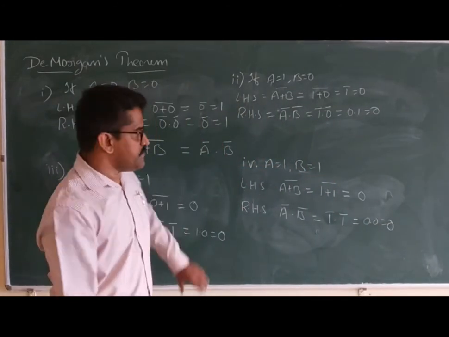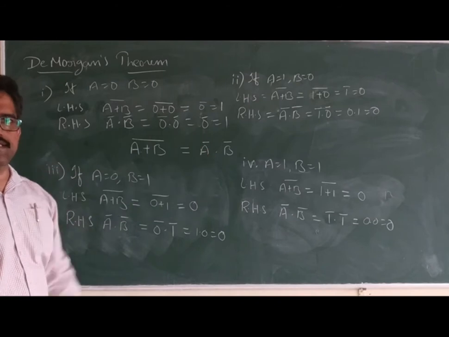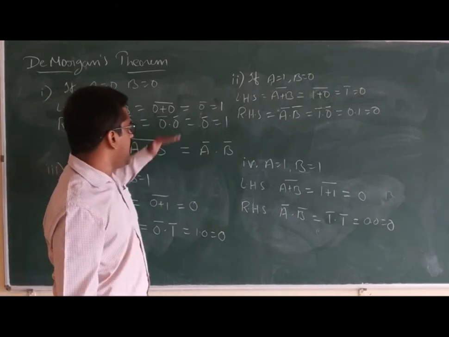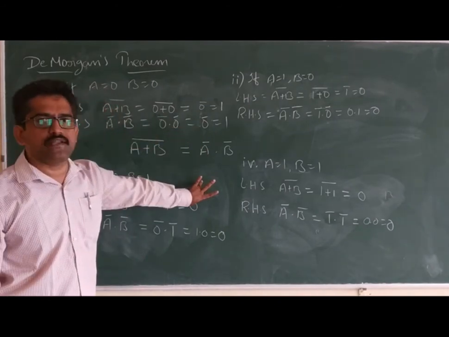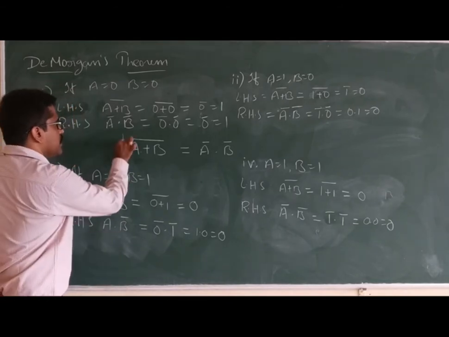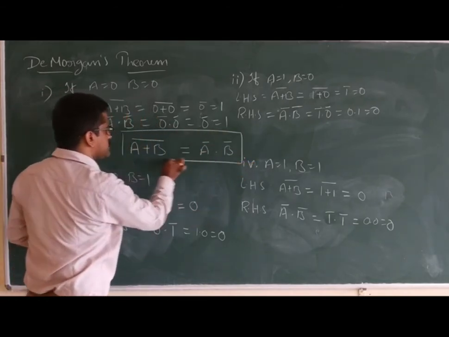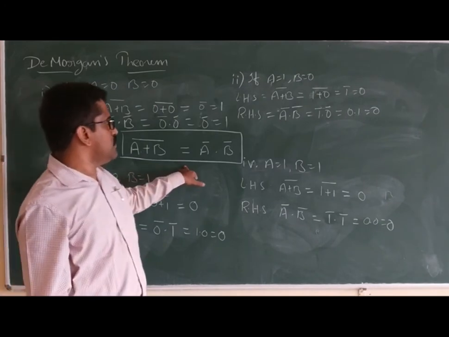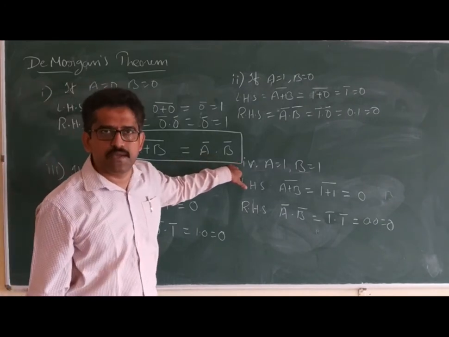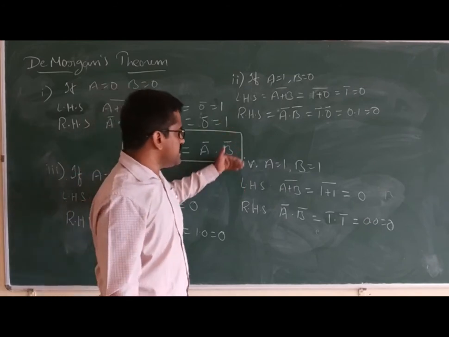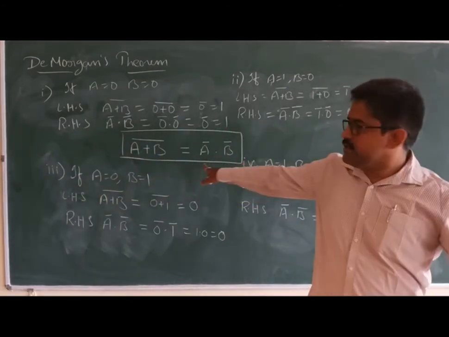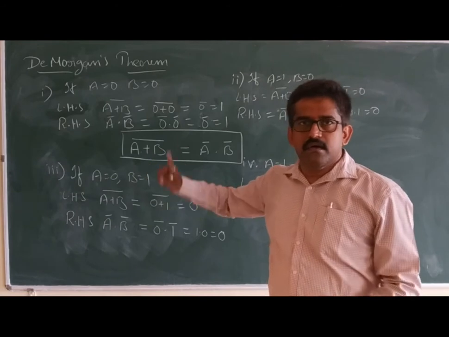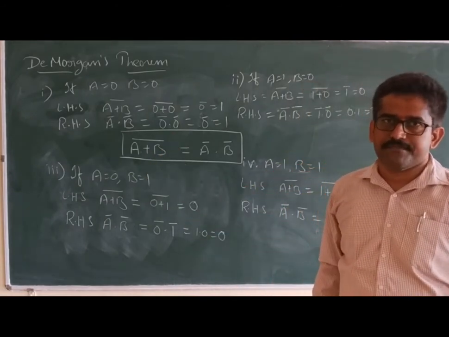From all 4 cases, we observe that the LHS is equal to RHS. That is nothing but the sum of the complements of 2 variables is equal to the product of each variable's complement. So this is the proof of De Morgan's first theorem.